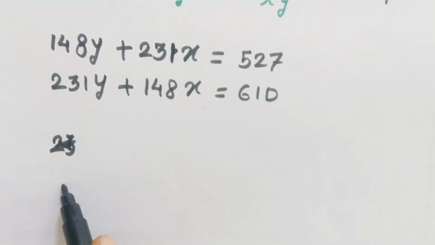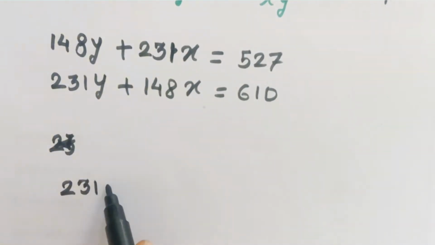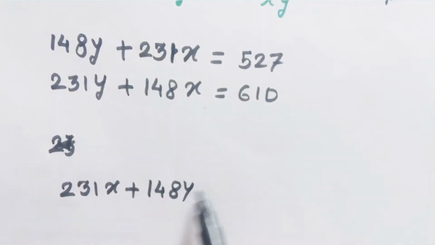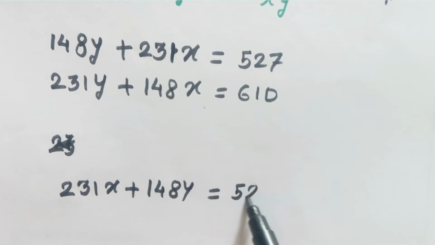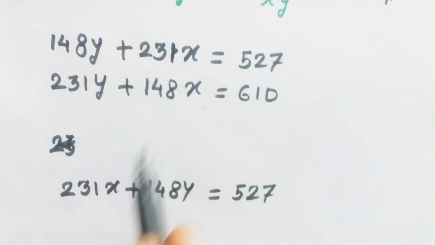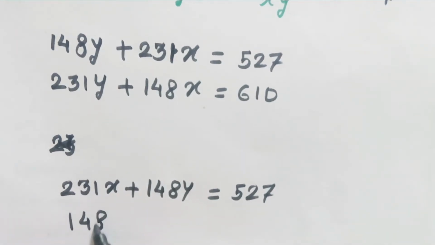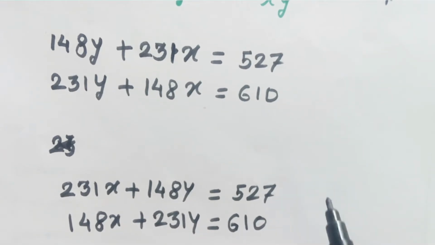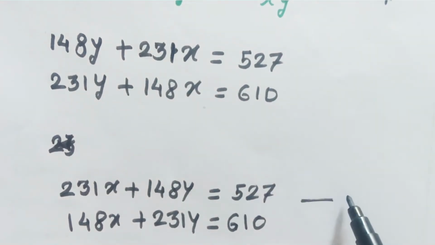So here 231x plus 148y is equals to 527, and here 148x plus 231y is equals to 610.